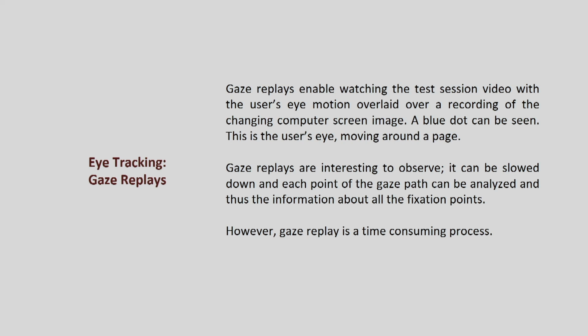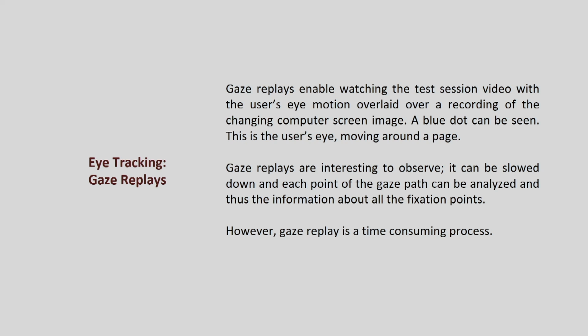A blue dot will continuously move on the screen, and if the person is looking first here, then here, then here, and then somewhere else on the screen, we will be able to see the blue dot moving. How long that dot is holding where, and all those things, we will be able to map.